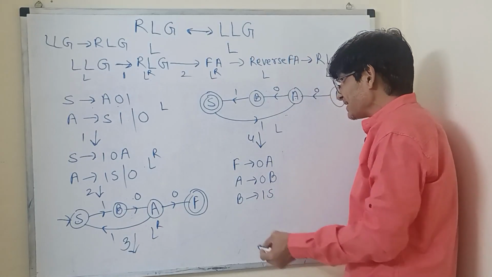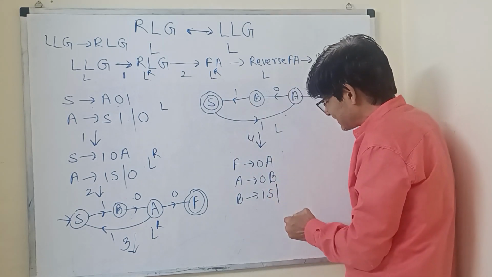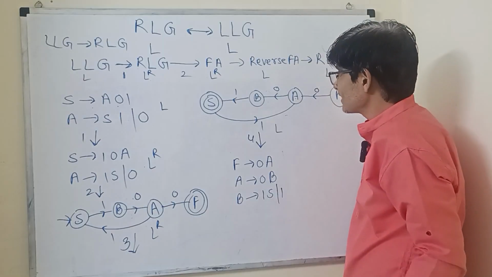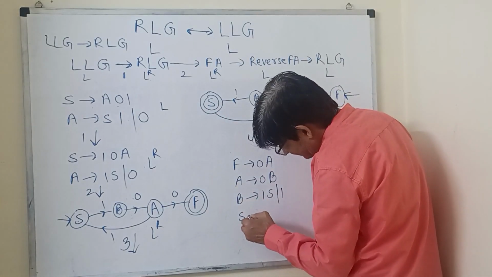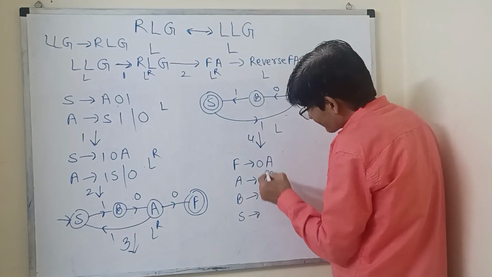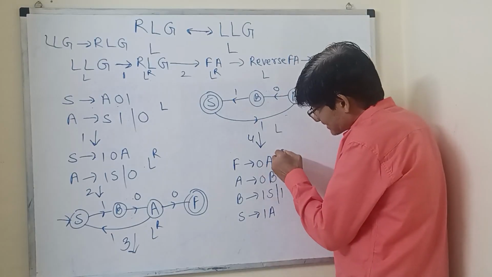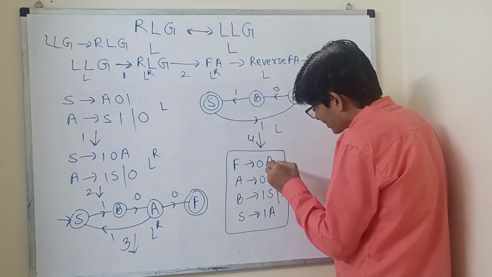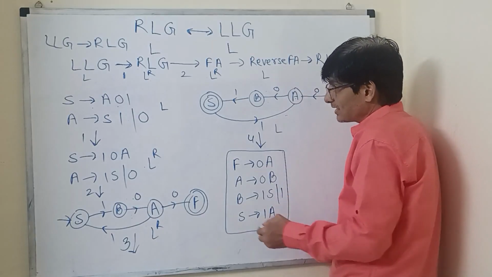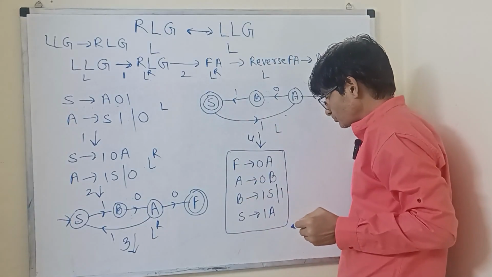Now, as S is the final state, I need to add one more production here: B gives 1. And then the production of S, I can write as S gives 1A. So this is the grammar that we have got after converting this particular grammar from LLG to RLG.